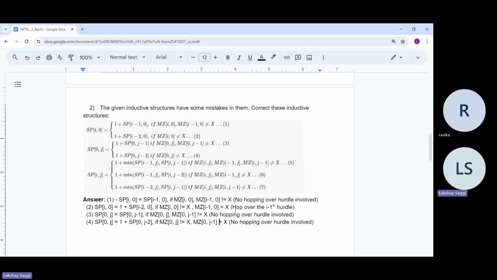In this case, we'll need to hop over the j minus 1 hurdle. So something like this. So I hope it makes a bit of sense.